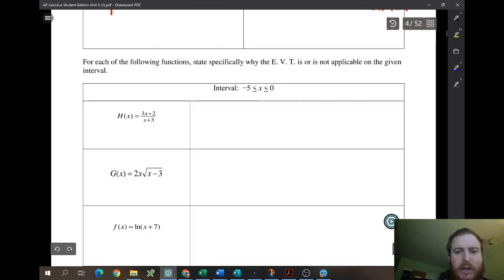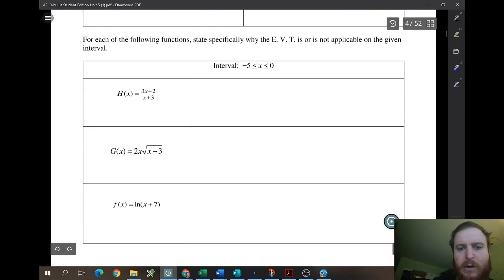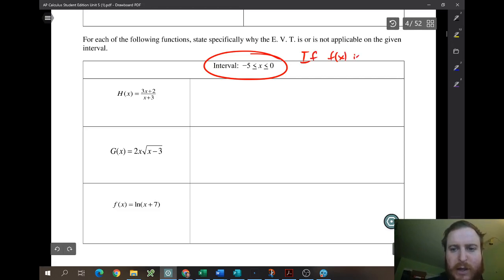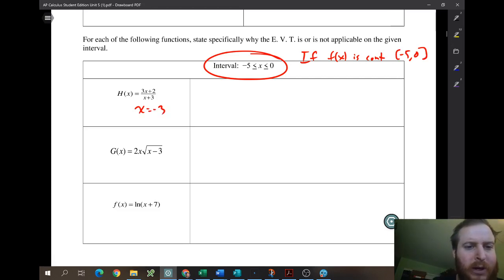Okay. Now, for each of these, state why the extreme value theorem is applicable or not on the interval from -5 to 0. So remember, the key for it to be applicable, that's what the "if" was. It was if f of x is continuous on the closed interval a to b. Well, in this case, it would be -5 to 0. So here, basically, x equals -3. That's that denominator, we would get a vertical asymptote there.